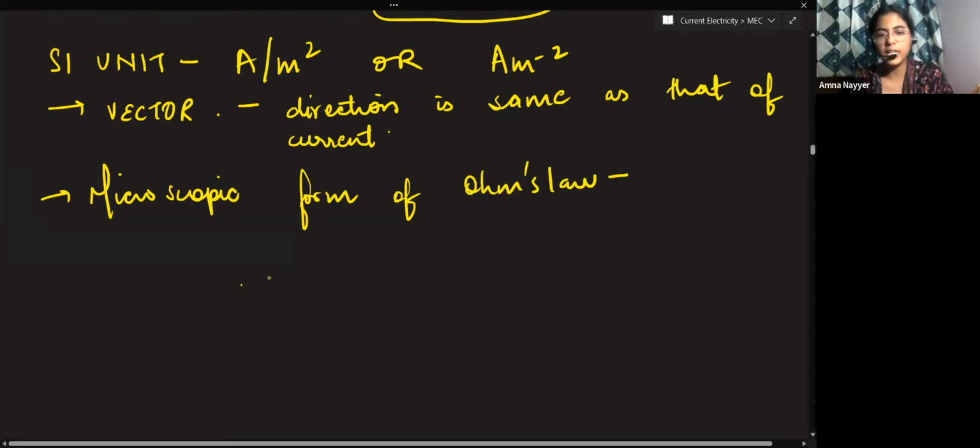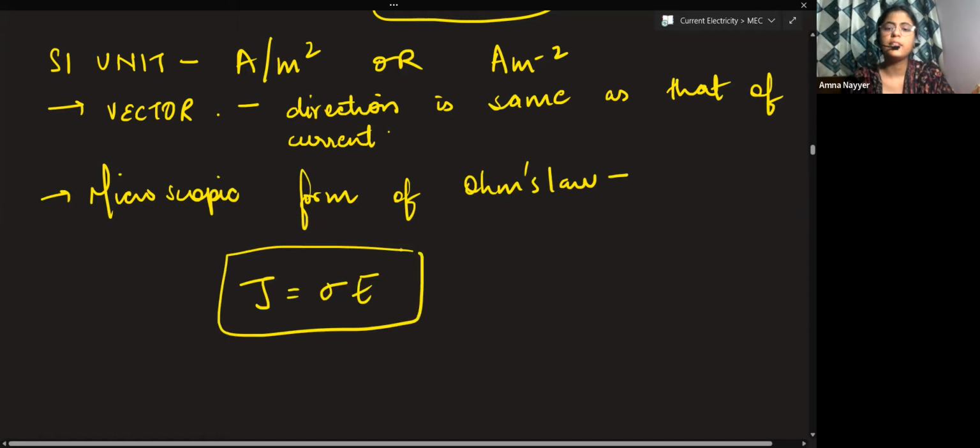How? See, J is the current density. This is equal to sigma E. Whenever the question comes microscopic form of Ohm's law, just write this. J is the current density. Sigma is the conductivity.